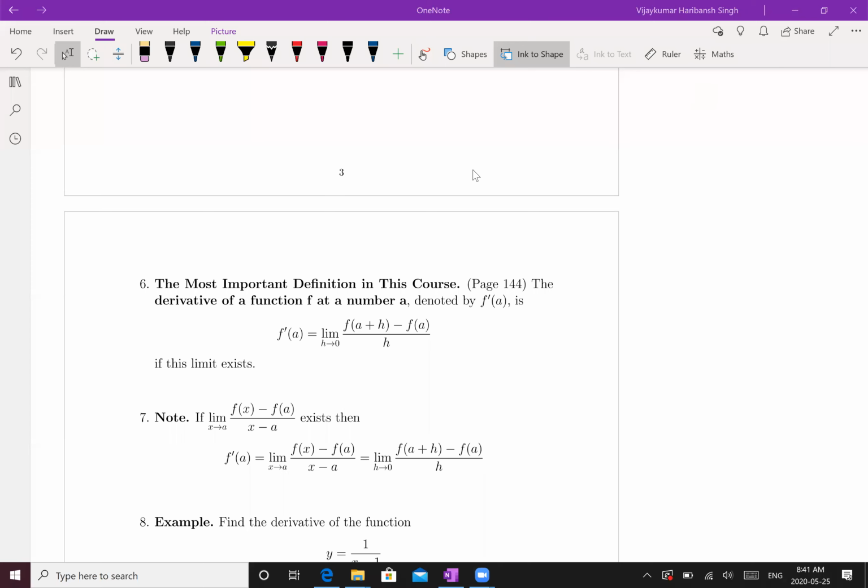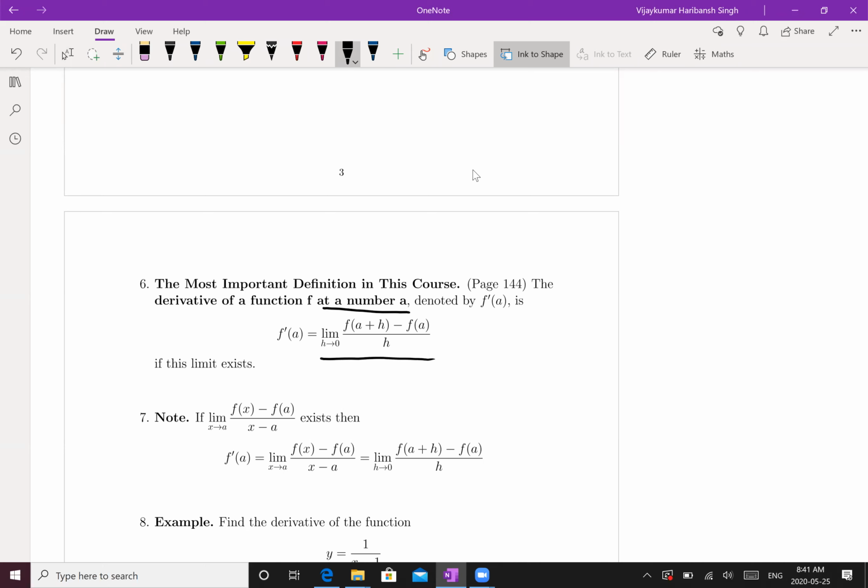So this gives us the most important definition of the course, which is the derivative. So derivative is the slope of the tangent line at a given point. So derivative at a point a is the slope of the tangent line at that point a when you draw the graph.